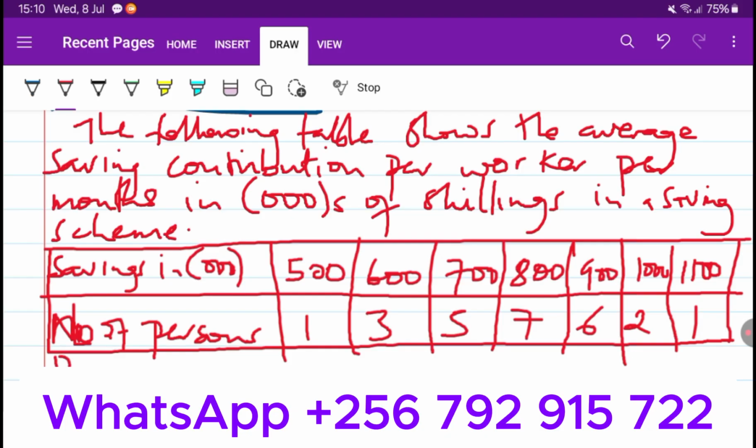The requirement says calculate the arithmetic mean savings.